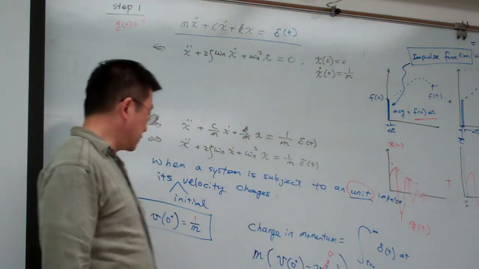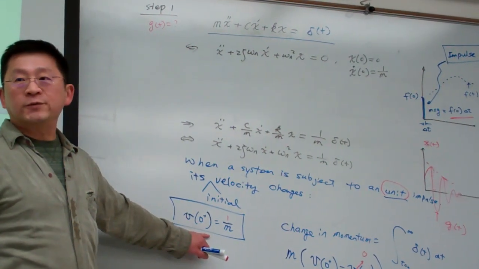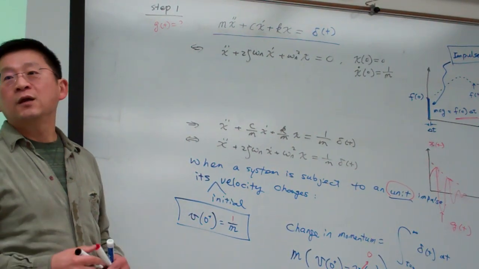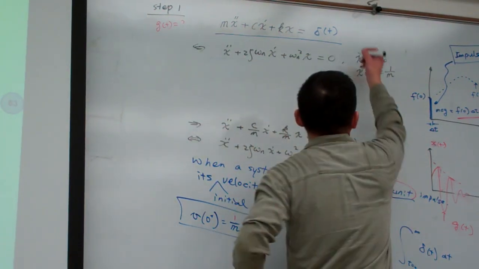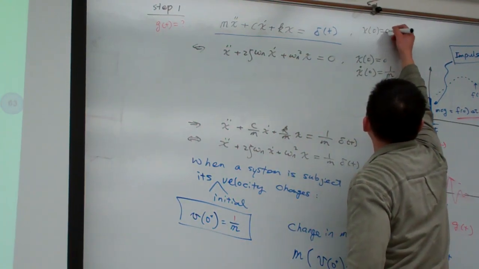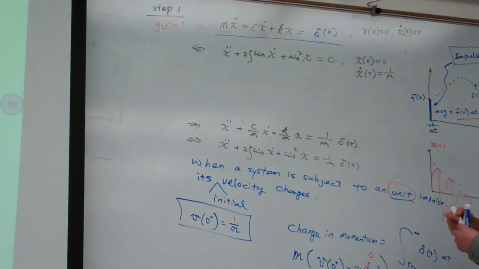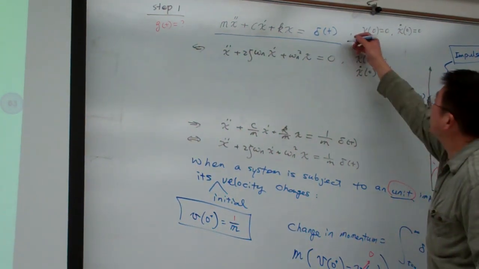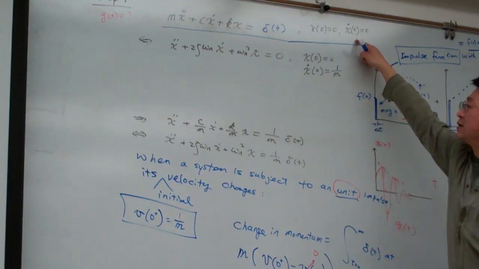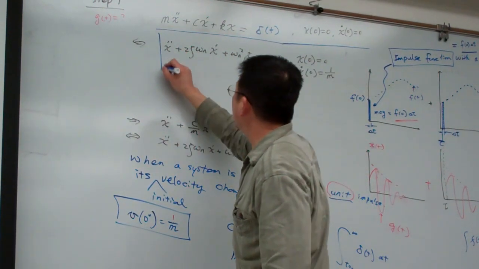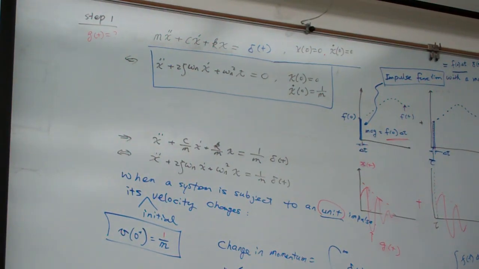This term is due to the change in velocity from the absorption of the impulse. So for a system subject to the impulse with zero initial conditions, they have the equivalent description like this. Keep this in mind. Okay?